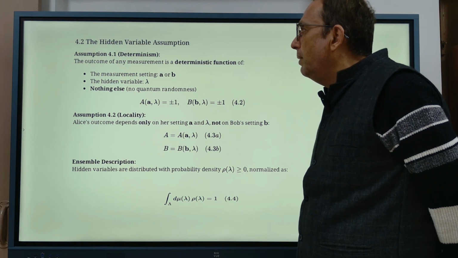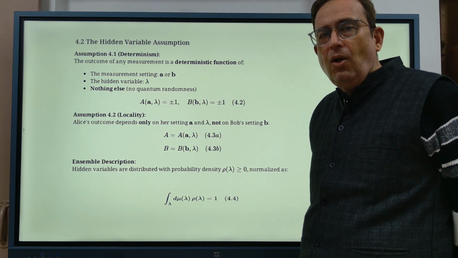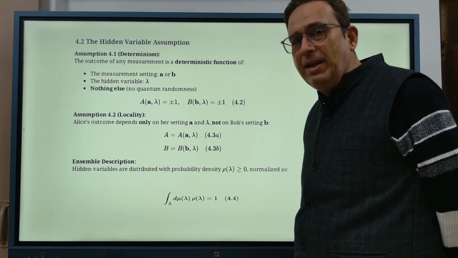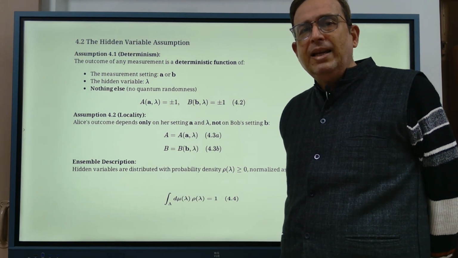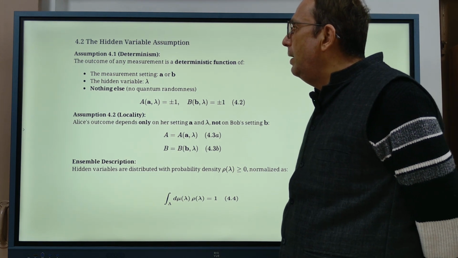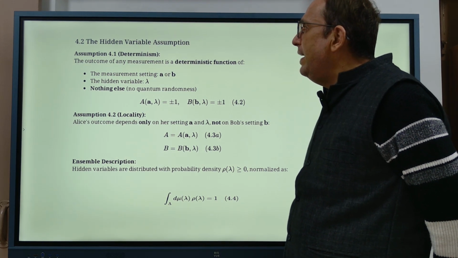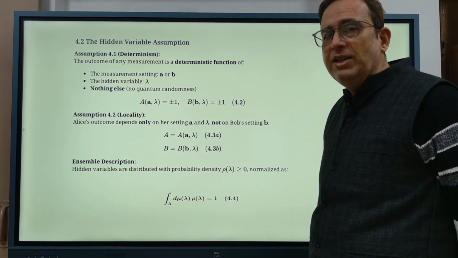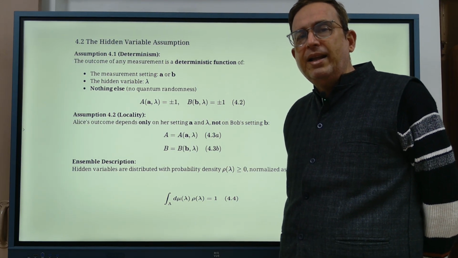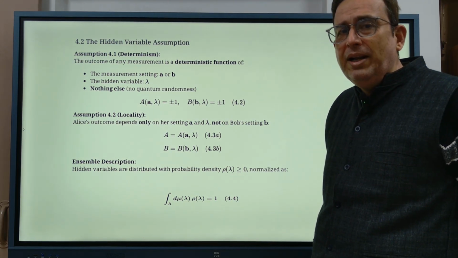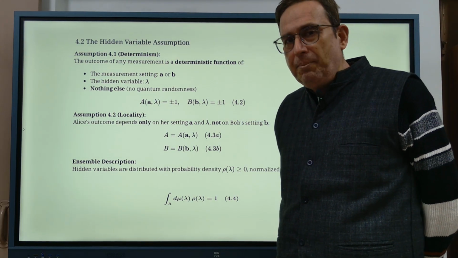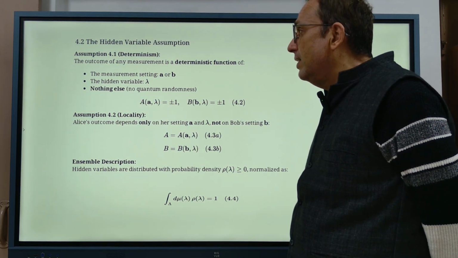If there is a hidden variable theory which makes quantum mechanics deterministic, then the outcome of any experiment, let us say a spin measured in the direction a, will only depend on the direction a and the value of the hidden variable lambda, and nothing else.